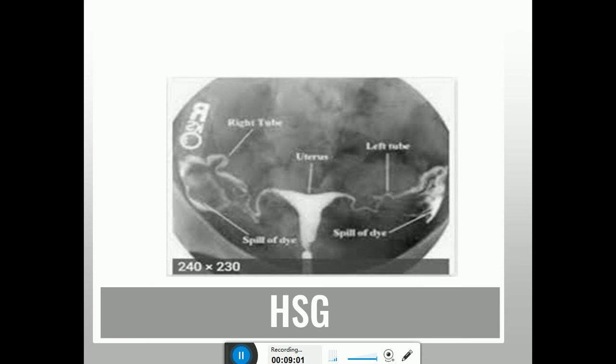We can also diagnose different female genital tract anomalies. If the tubes are not normal, or if there is any obstruction in these tubes, the dye is not going to spill. It will stop where the obstruction is present.